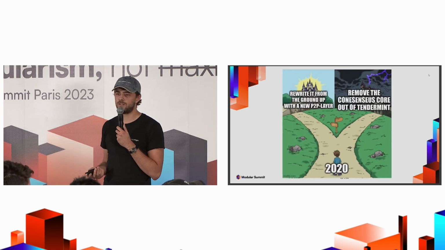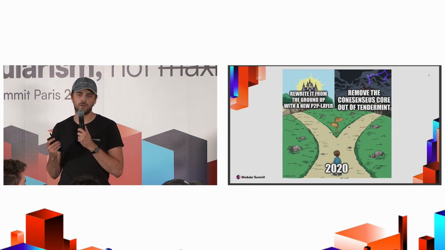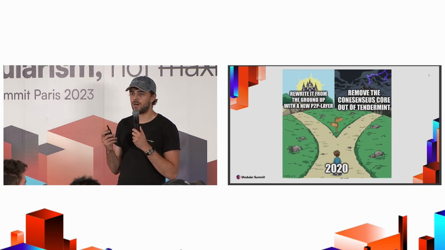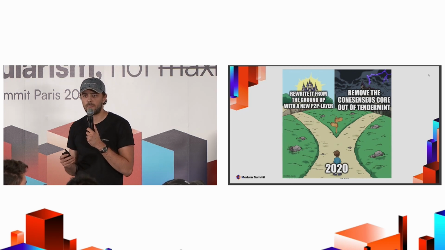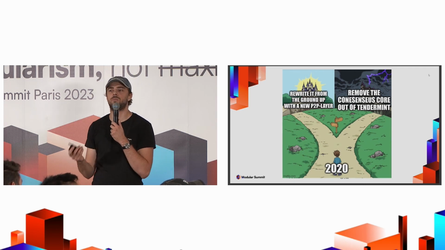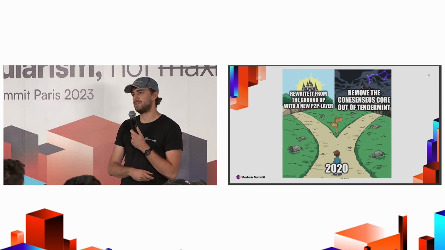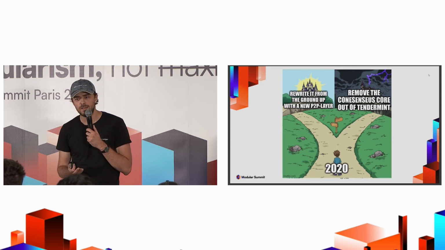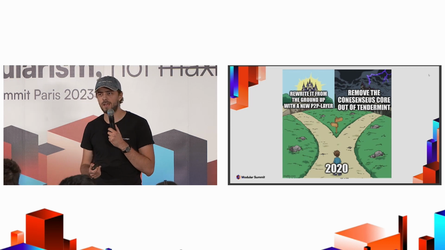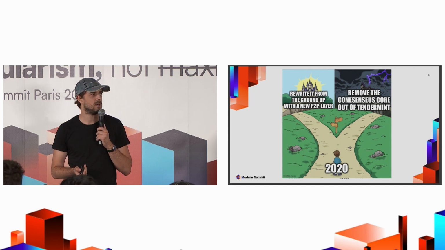And they had to make a decision. Either we're going to use Tendermint and rip out the core, the heart, the consensus engine, or we're going to rewrite it from the bottom up and use a new P2P layer. And they chose the happy path, to have a cleaner repository and make it more general and usable.